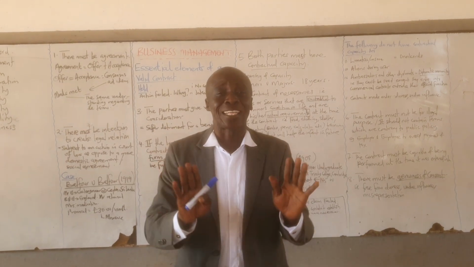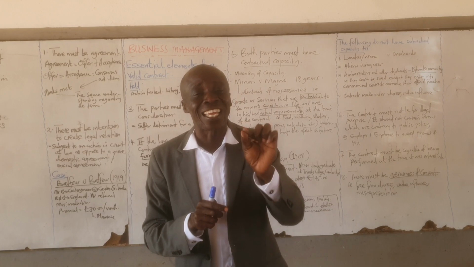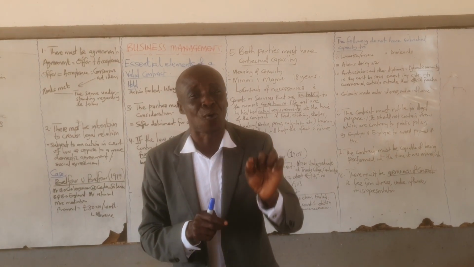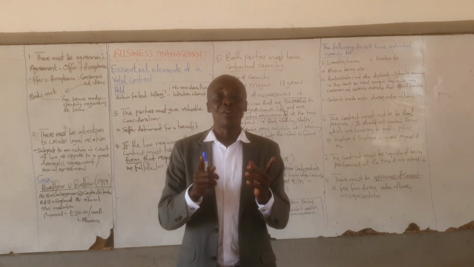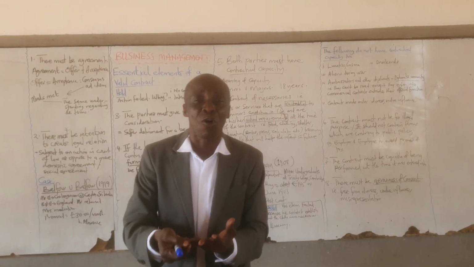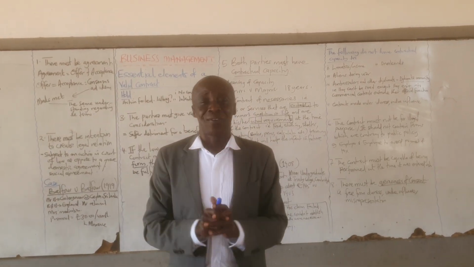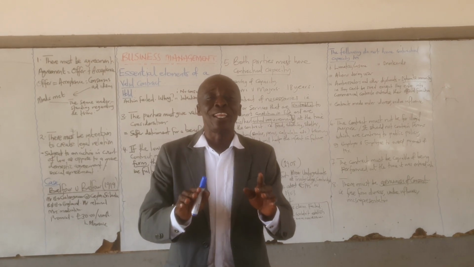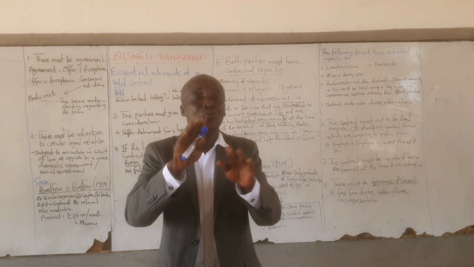So they don't look at your intention. They look at the interpretations of a reasonable person. I'm going to repeat that statement. In law, they have what we call the subjective test, and they have what we call the objective test. When a judge sits down, he is not looking at your intention, which is called the subjective test, what you may be thinking.